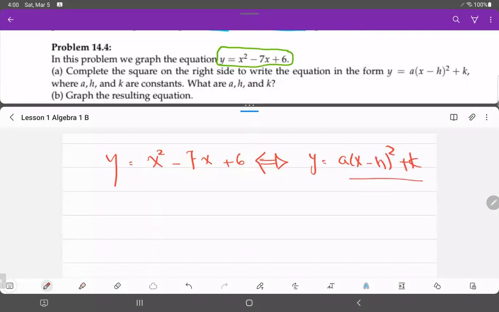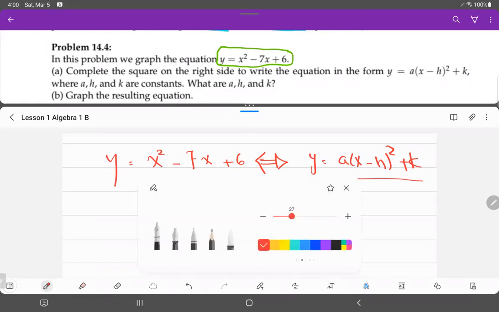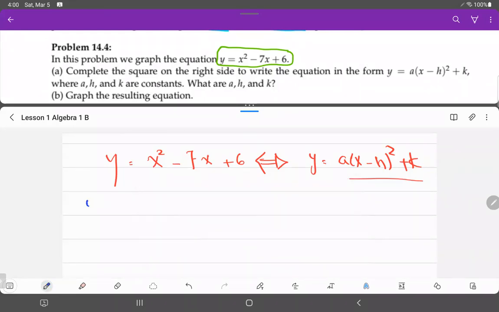We need to convert from this form to the standard form, and we know how to do this because we did it before.